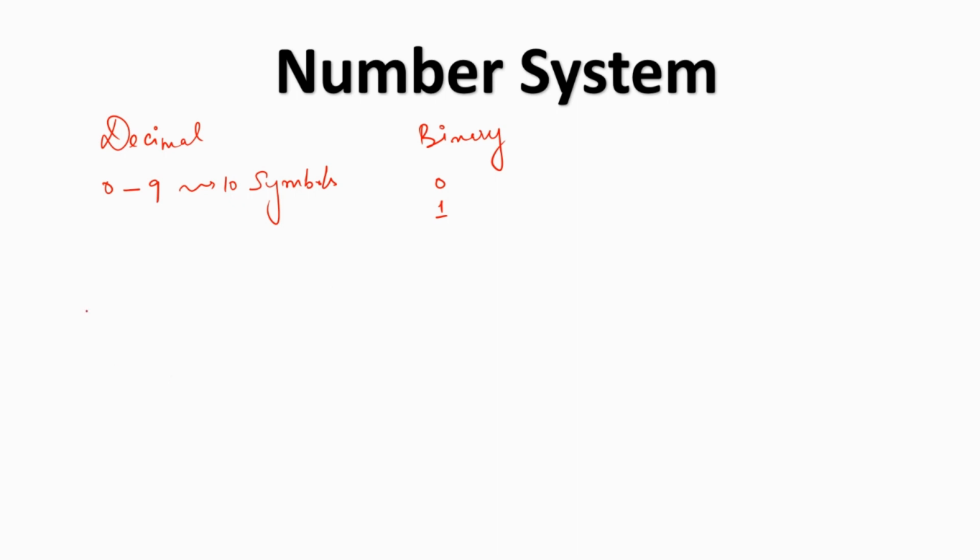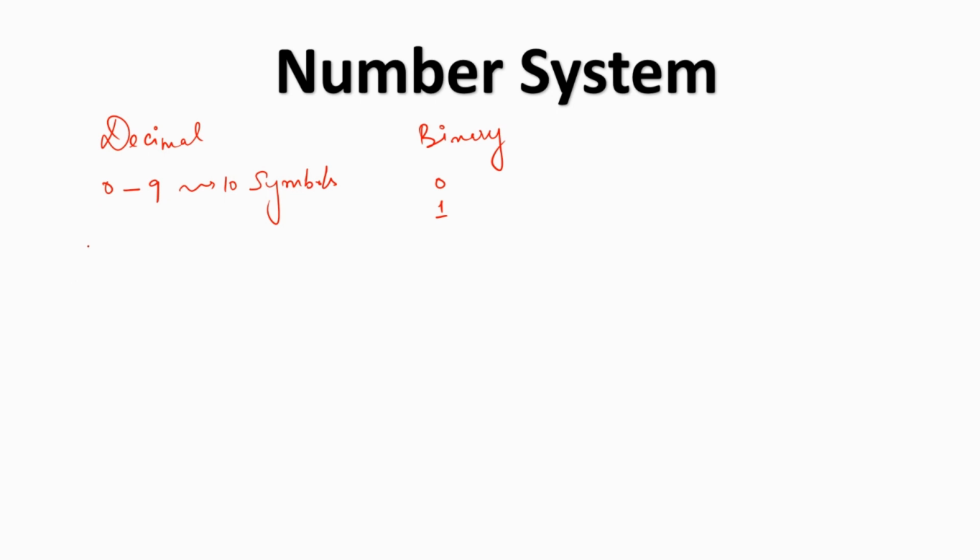Now, what is the range of numbers that the decimal number system can represent? When you ask this question, you have to ask another question: how many digits are we going to have in the number? If there's just going to be one digit, then there are 10 symbols, so we can have 10 numbers.